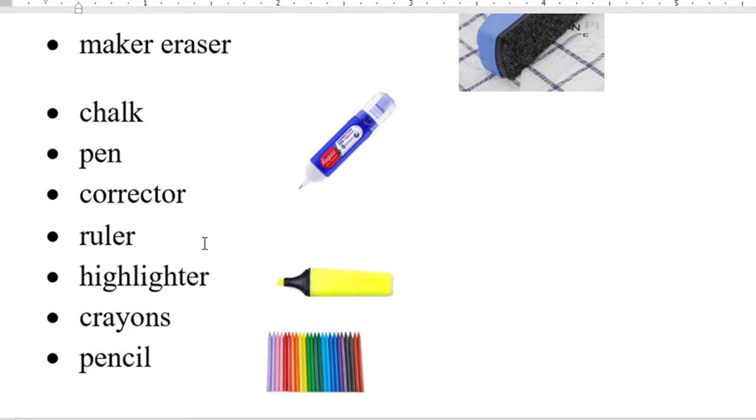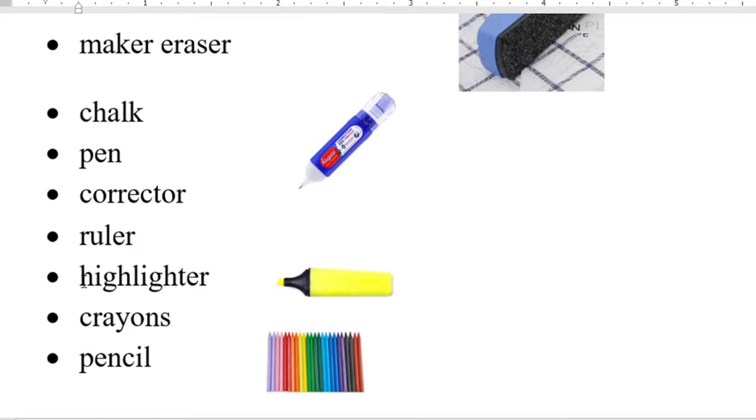And then we have the ruler if you want to make lines under the date or something important, or that you think it is important. Highlighter, the same.